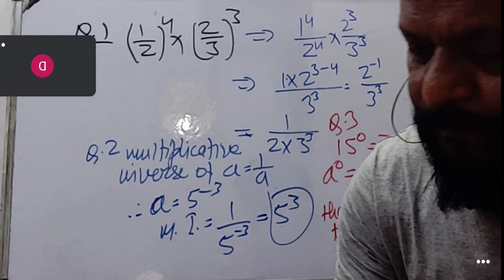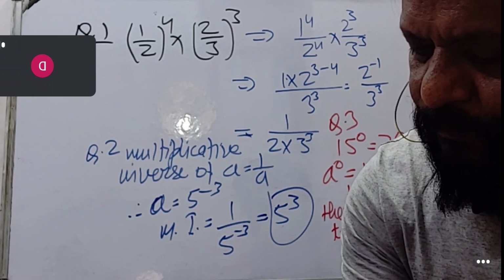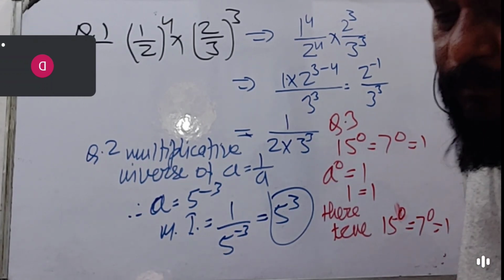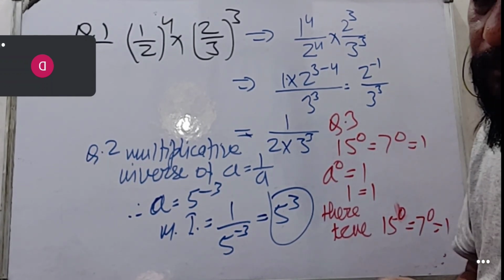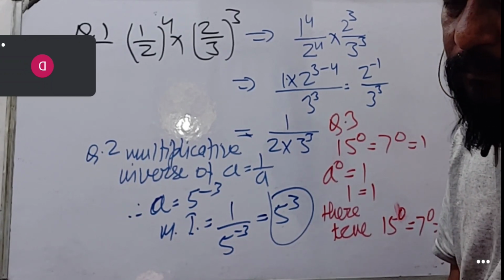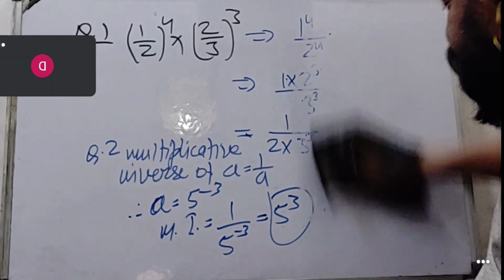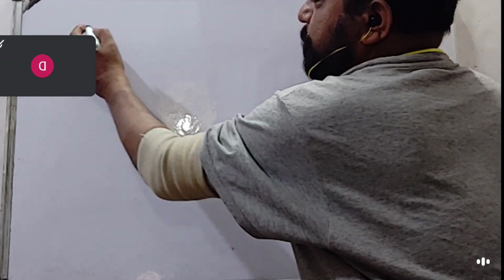Now fourth. Question number fourth. 4 raised to the power minus 3 in exponential form with the base 2.